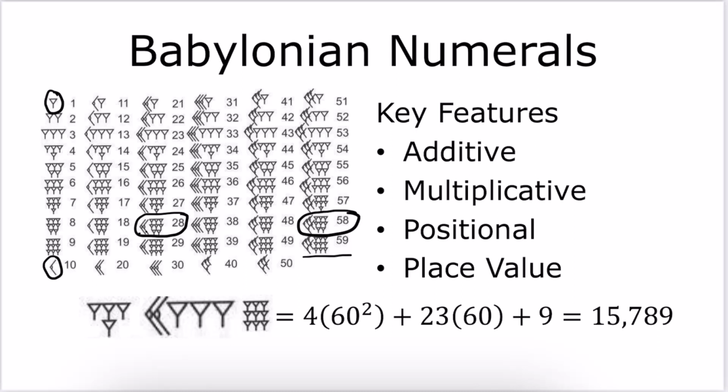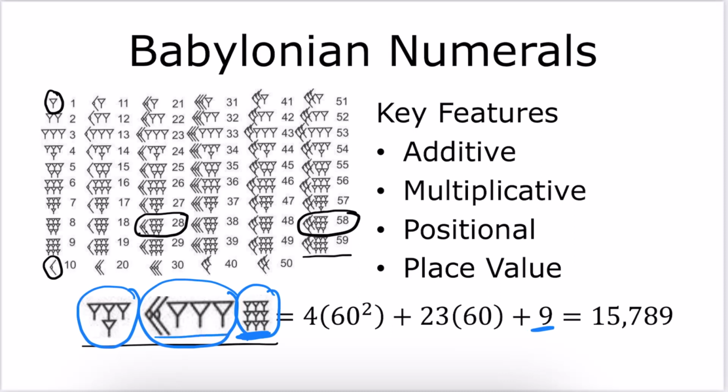And so if you were a Babylonian and you saw this number, basically what this number has is 3 different parts. So you have this number, which is a 4. You have this number, which is a 23. And then you have this number, which is a 9. And this number right here is kind of like the 1's place value, so you would just have a 9.